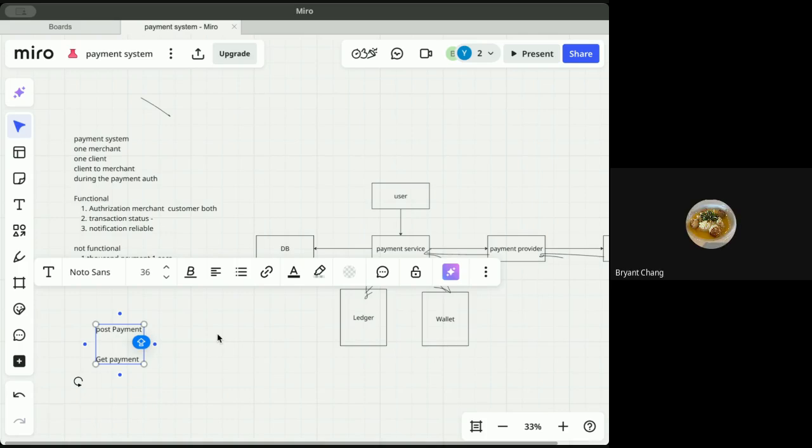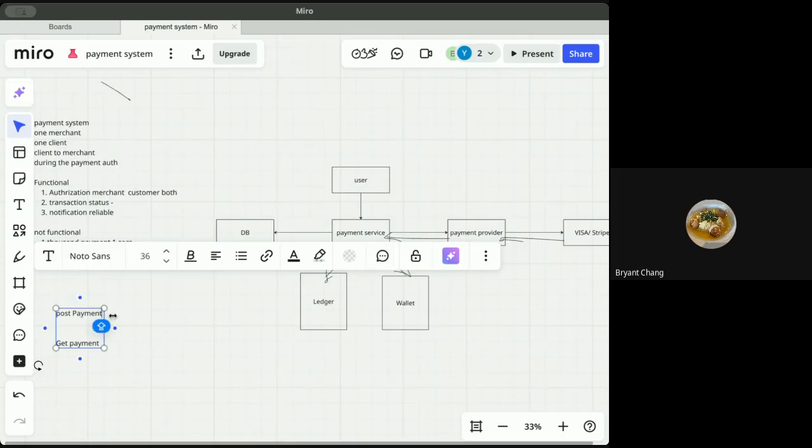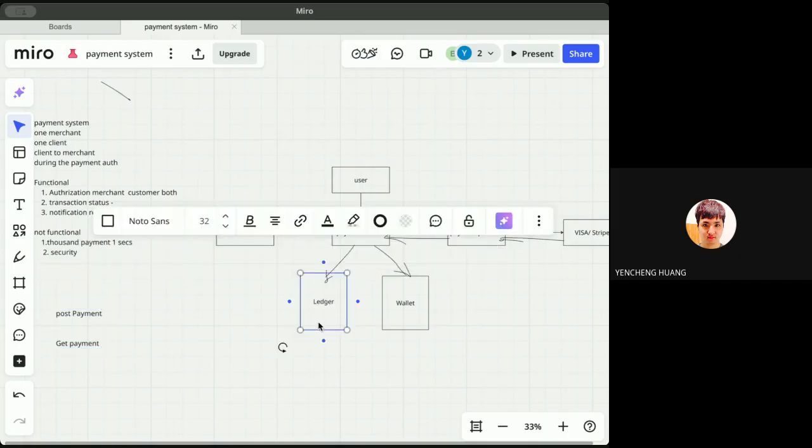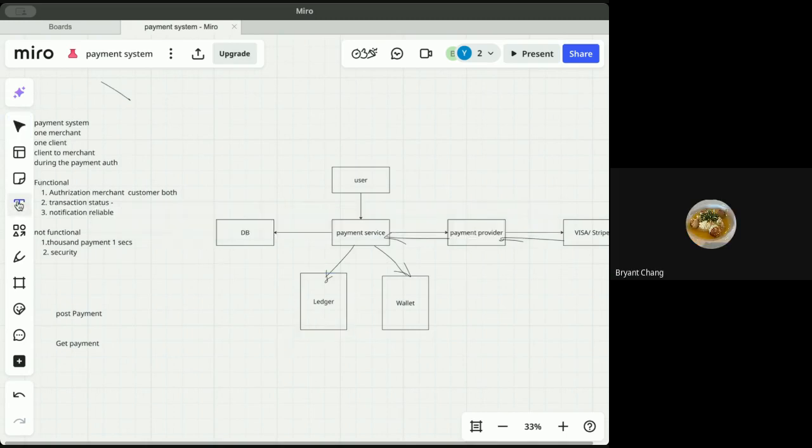Yeah, I mean, which servers maintain these 2 APIs? I assume there will be the payment servers, the payment servers and the ledgers post the payment updates API and the wallets. Okay, okay.